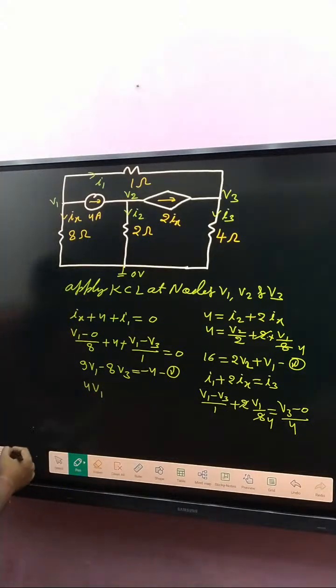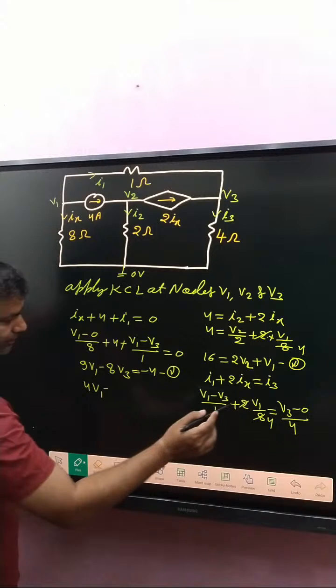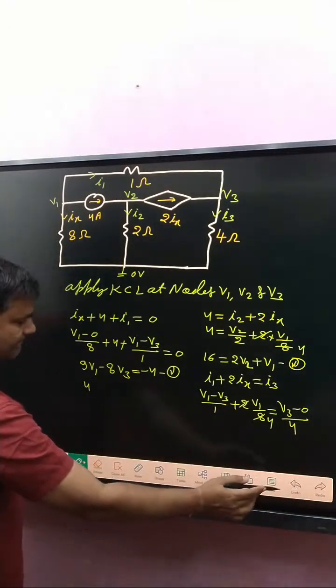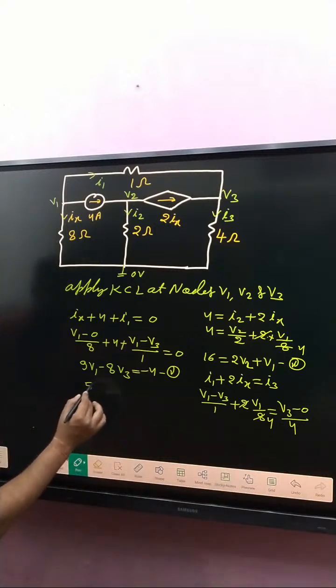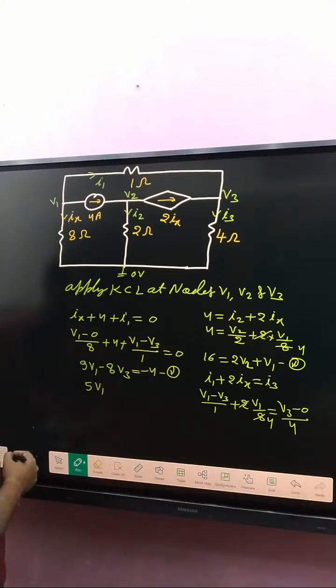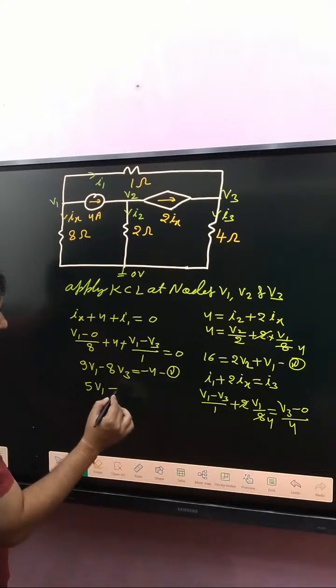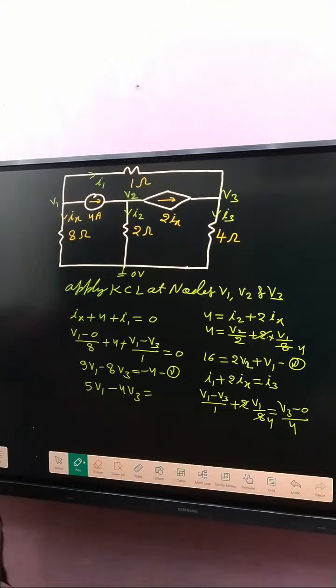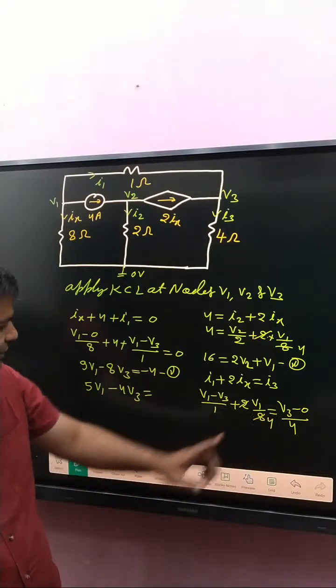4V1 plus 1, that is 5V1. 5V1 minus 4V3 is equal to V3.